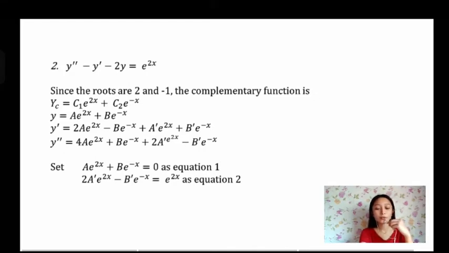First derivative is y prime equals 2a e to the 2x minus b e to the negative x plus a prime e to the 2x plus b prime e to the negative x. Second derivative, y double prime equals 4a e to the 2x plus b e to the negative x plus 2a prime e to the 2x minus b prime e to the negative x.